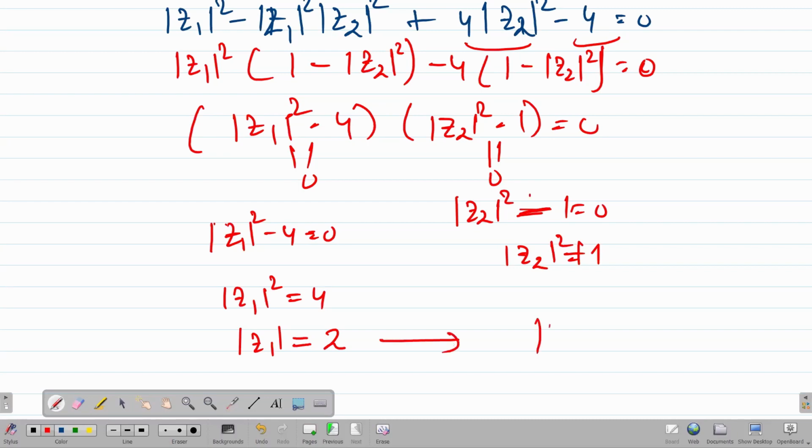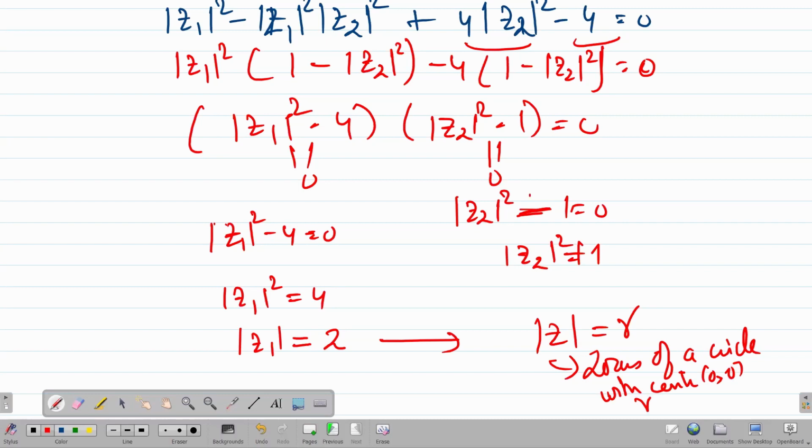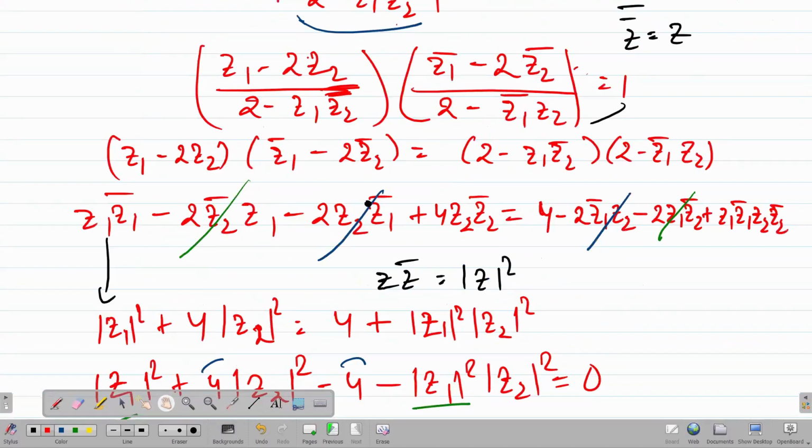And we know that mod of z is equal to r is the locus of a circle with the center at origin and radius r.